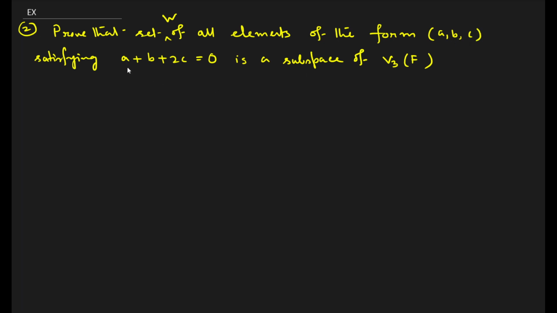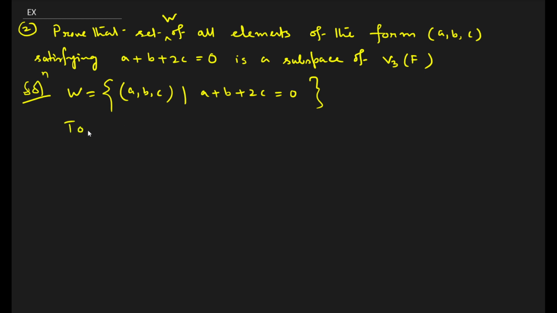There is one more condition, A plus B plus twice C must be equal to how much? 0. If this condition is satisfied then only it will come in W. So what is W? W is a three-dimensional set A, B, C such that A plus B plus twice C should be how much? 0.